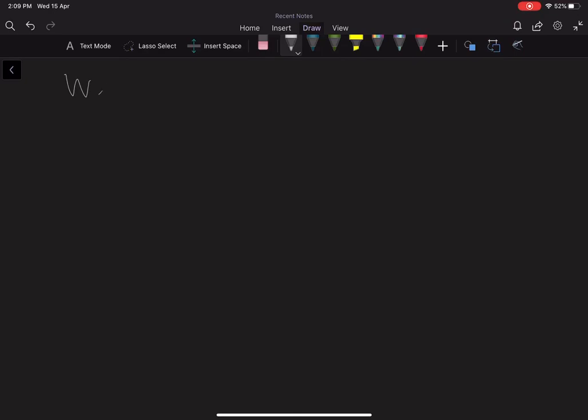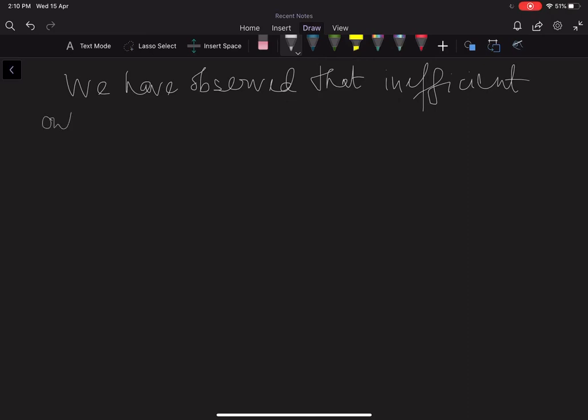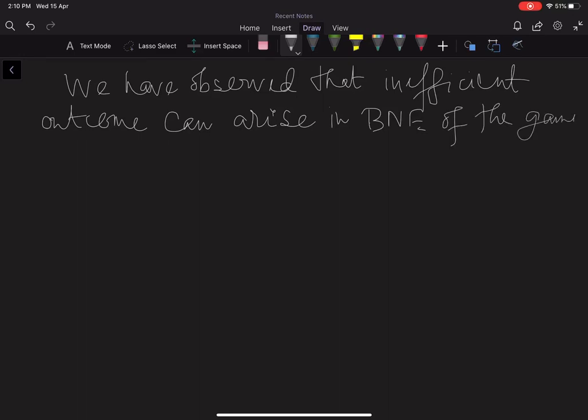So we have observed that an inefficient outcome can arise in the Bayes-Nash equilibrium of the game when price is below 1000.